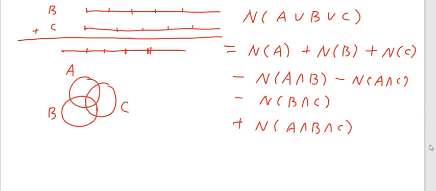Suppose this is A, this is B. We count this part twice, so we need a minus. And C. This part, A, B, C, we subtracted too many times, so we need a plus.